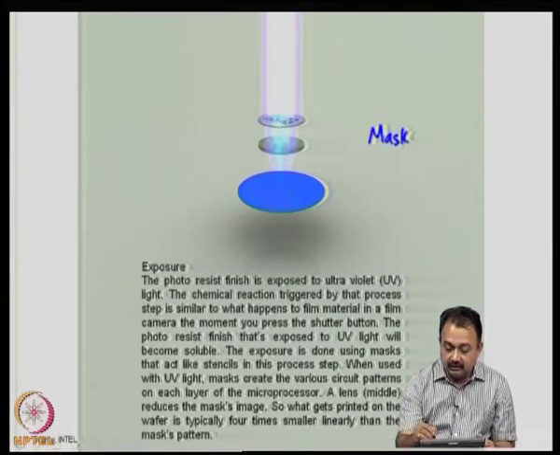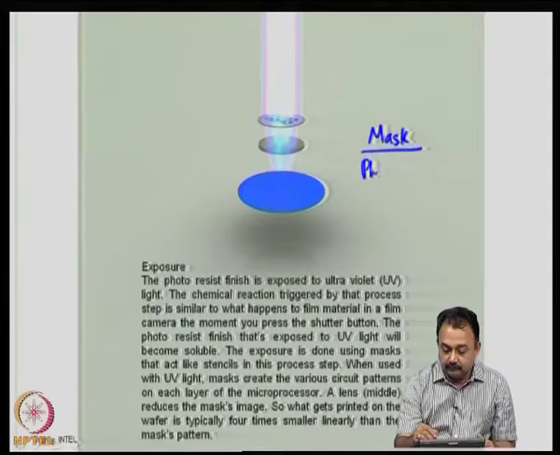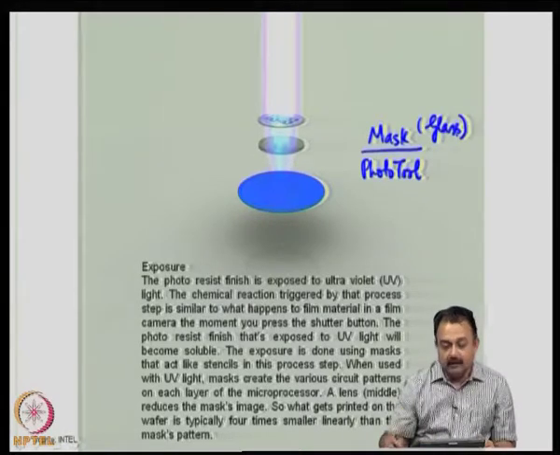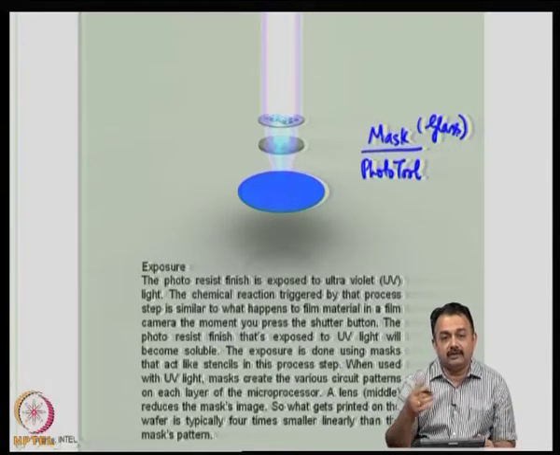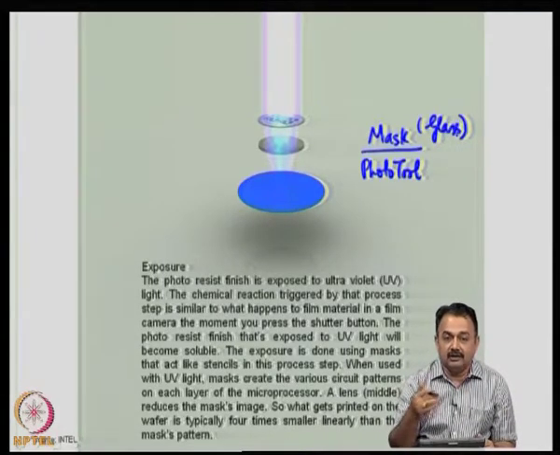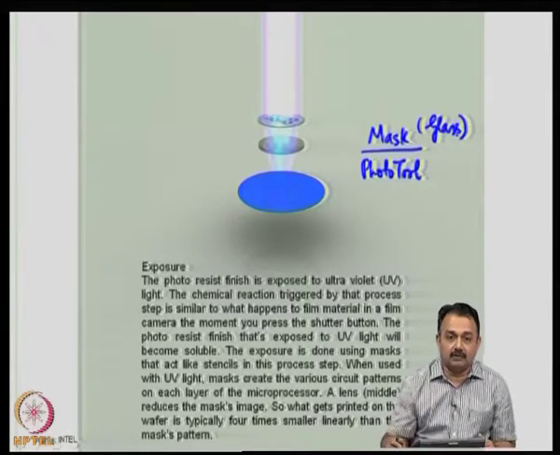The mask, or the photo tool, is typically made on a glass substrate. This will be used to specifically transfer your design onto the surface of the photoresist.